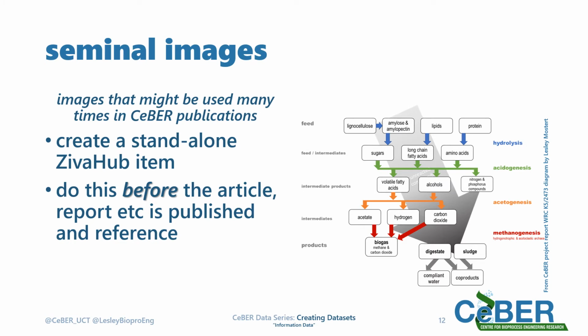So first up, seminal images. If in your work you've produced an image, especially an image showing different reactions, or an image of your rig, or an image of a flow sheet, an image that you are going to want to use in many publications, something basic that you're going to need to use again and again, don't first publish it in a closed publication like a journal article.